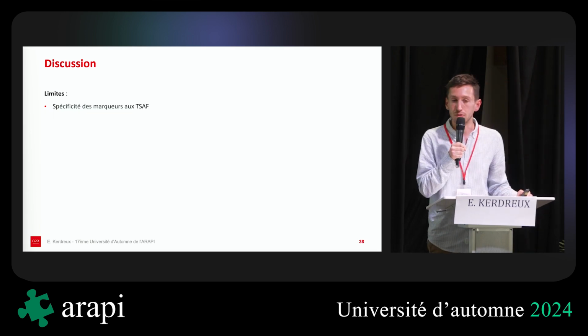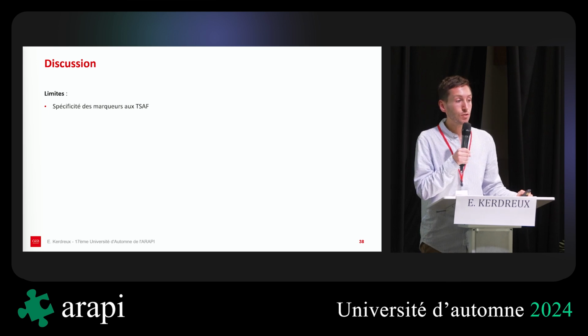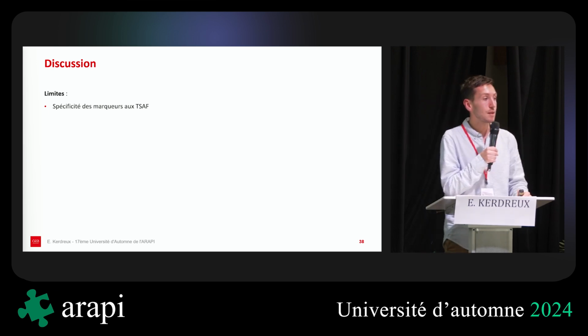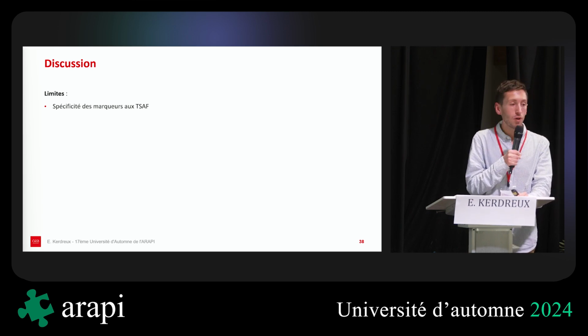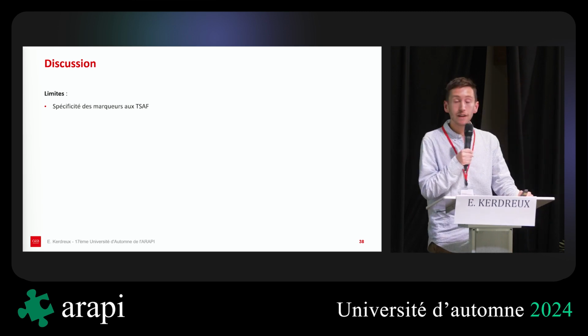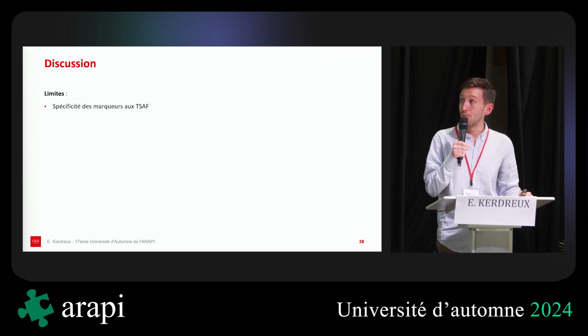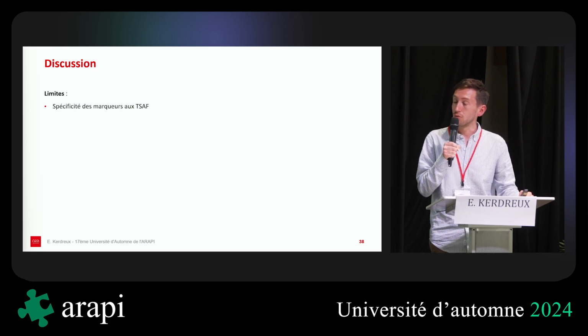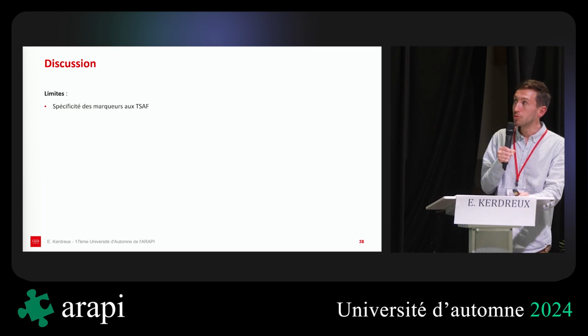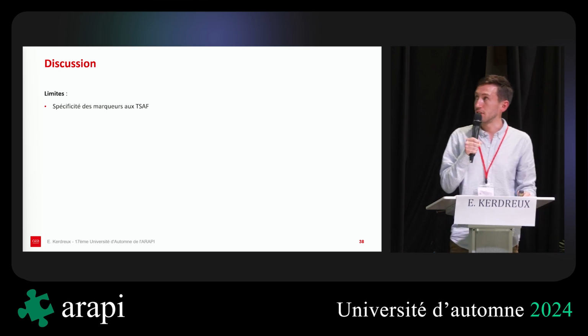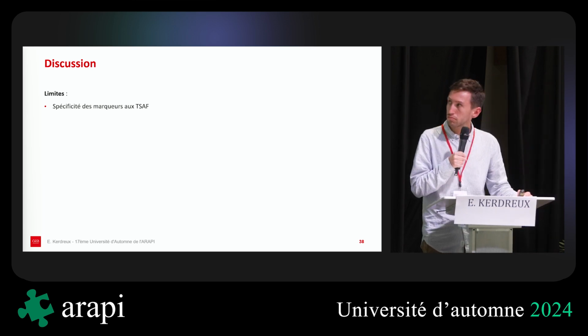So the limit is that we have not yet demonstrated that these markers are specific to fetal alcohol syndrome. We compared with subjects with typical development, but we would need to be able to demonstrate that with comparable cohorts.